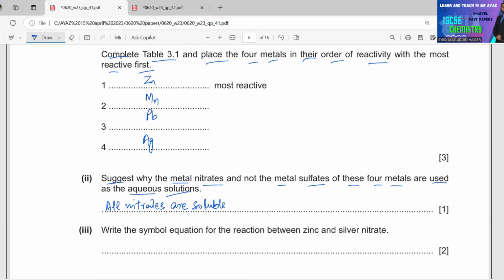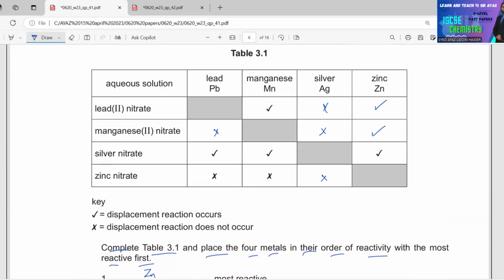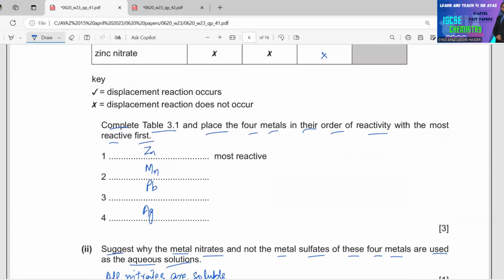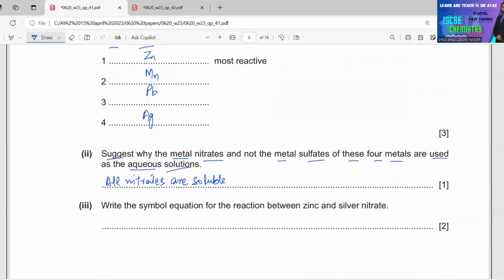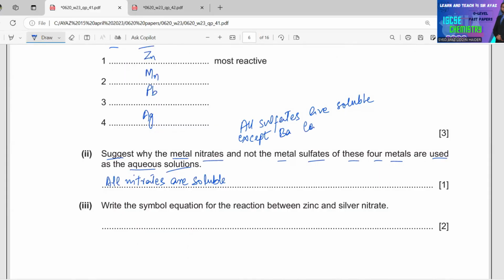We have one of the sulfates. If you look at this series, one of the sulfates of these is lead. So all sulfates are soluble except barium, calcium, and lead.